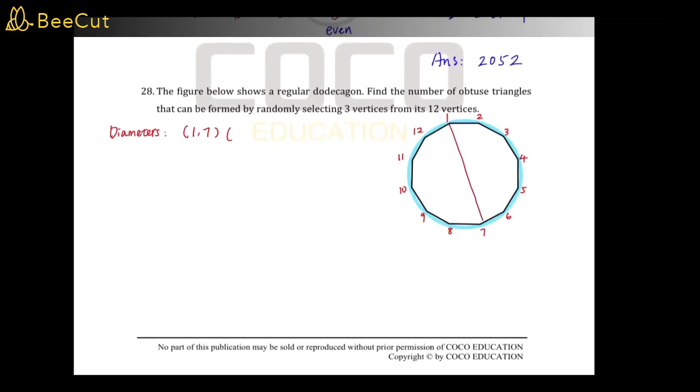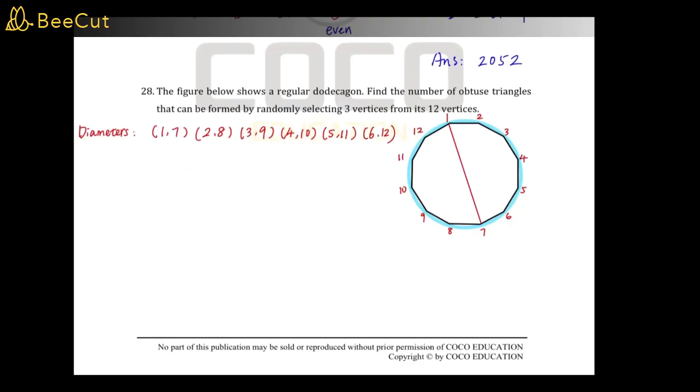If you can see, connect 1 and 7, this is the diameter of the circle. Or it can be 2 and 8, 3 and 9, 4 and 10, 5 and 11, and lastly 6 and 12. There are 6 different diameters in the figure.